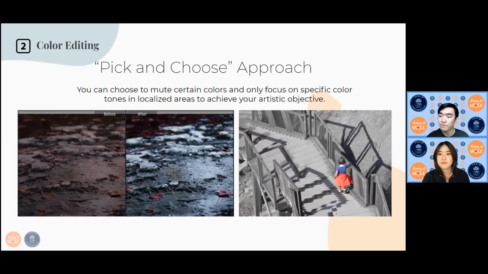So for example, on the left here, I took this photo at 5 p.m. something on a winter day. It's very dark outside, and my white balance was definitely off, so all the ice looks kind of dirty.